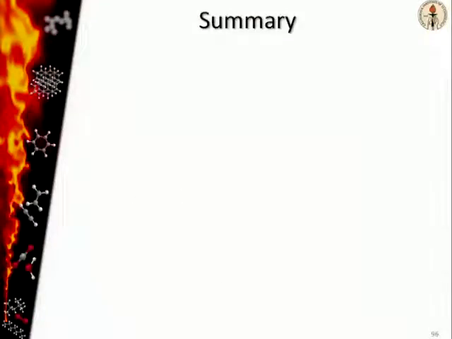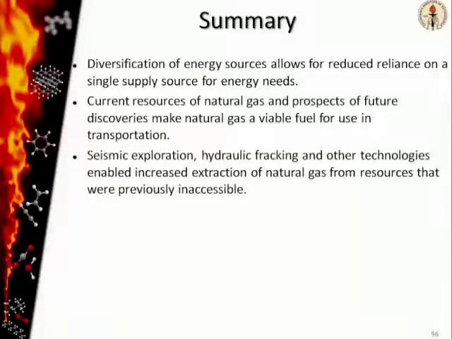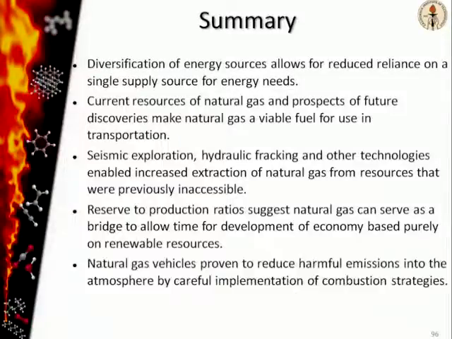So just to quickly summarize in the few minutes that I have, we've seen that one of the ways of reducing the reliance on foreign oil is by diversification of energy resources, by adding natural gas to our portfolio of fuels that are used in transportation applications. The current resource in natural gas and future prospects make it a viable source of energy for transportation purposes.